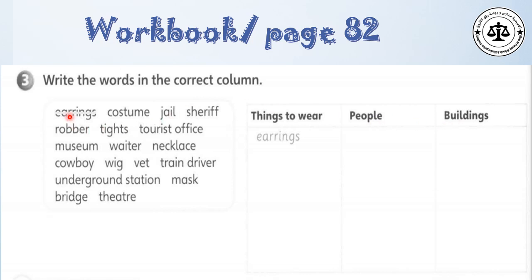Number 1, earrings. Yes, things to wear. Costume, معناها زي. Yes, things to wear. Jail. It's a building. Sheriff. Yes, people, هو شخص.